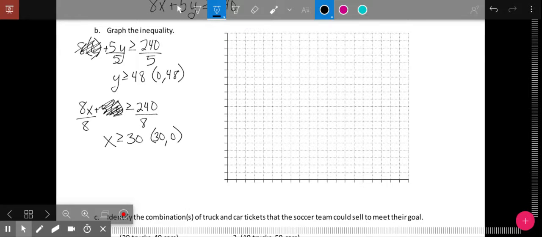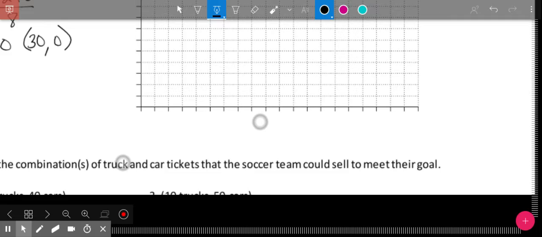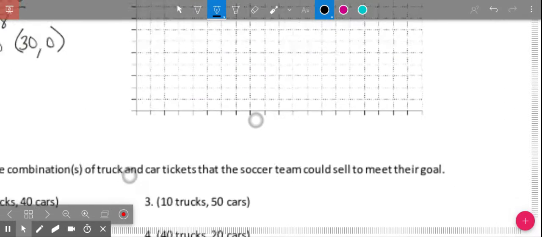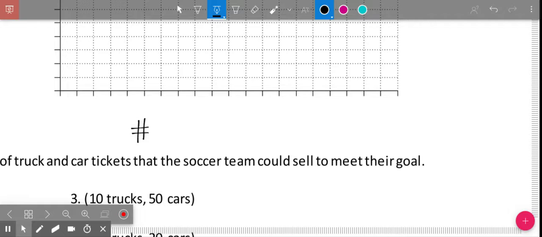Alrighty. So now I need to go ahead and set up my graph over here. The reason we have to find the intercepts first is because we need to know how far our scale needs to go. My x, we already said, was going to be truck tickets, so the number of truck tickets.